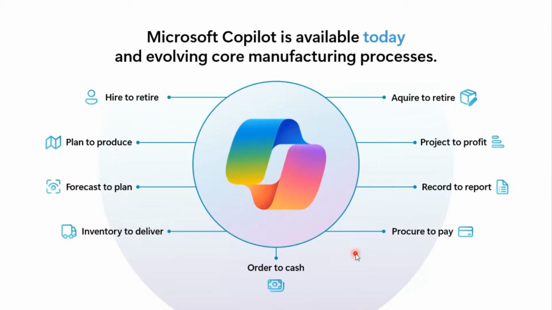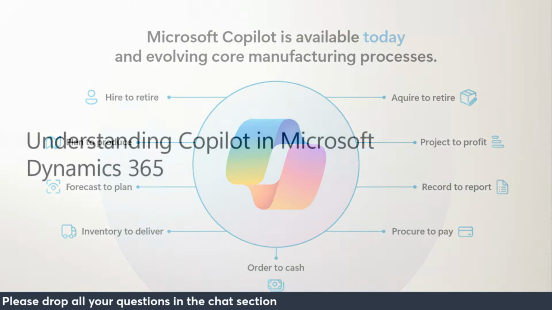Yes, it is available in Dynamics 365 Finance and Operations: hire to retire, acquire to retire, project to profit, record to report, procure to pay, inventory to deliver, forecast to plan to produce. Everything has Copilot functionality available to date. Some functionalities are available as preview, and some are already available as GA, general availability, right?